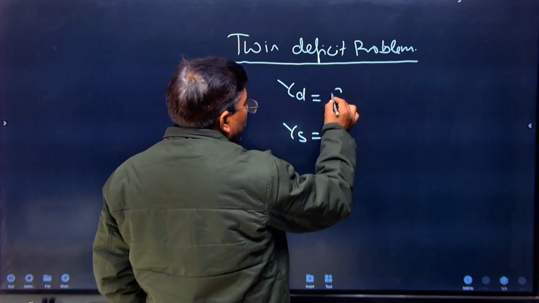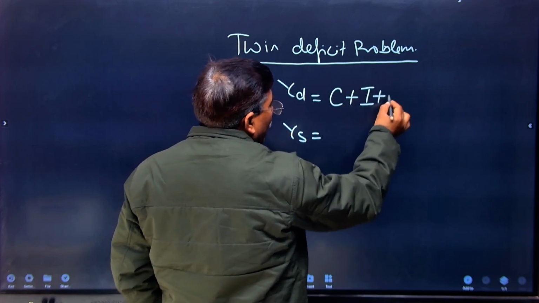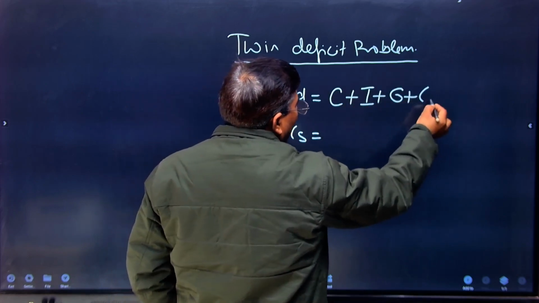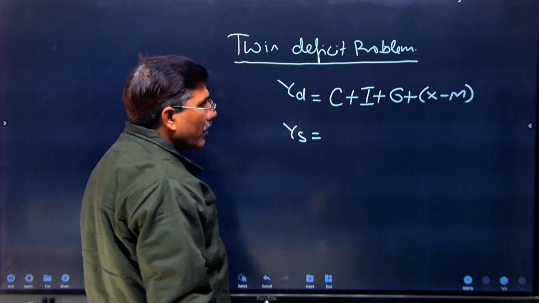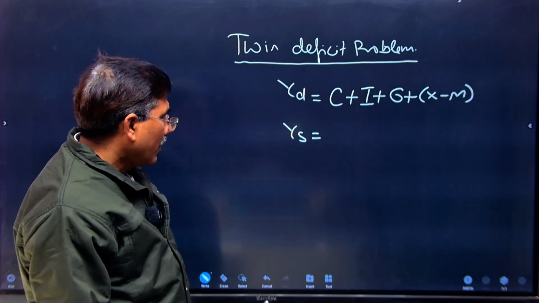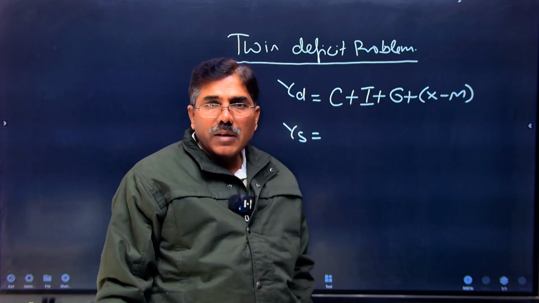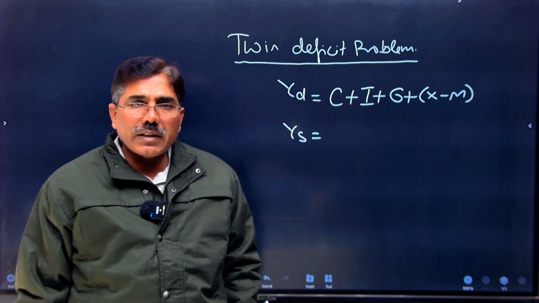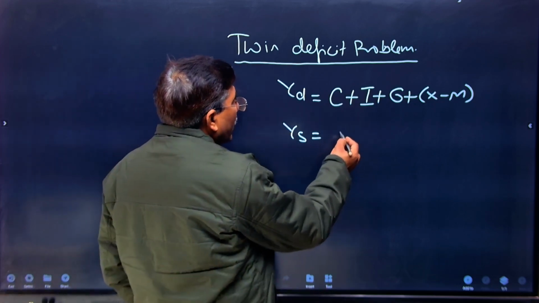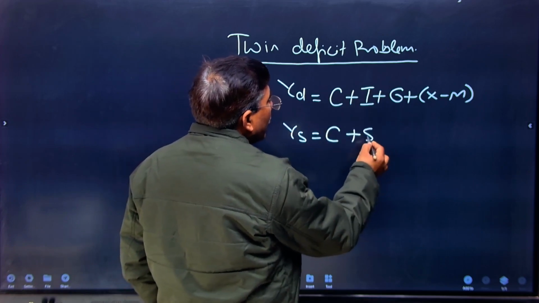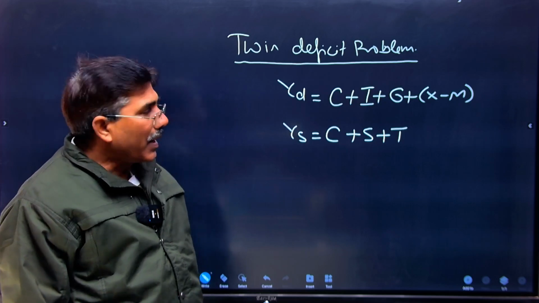It includes consumption expenditure, investment expenditure, government expenditure, export minus import, that is the total expenditure of the economy. On the basis of this total expenditure, you can calculate the national income. Similarly, on the supply side, consumption plus saving plus tax is the national income from the supply side.